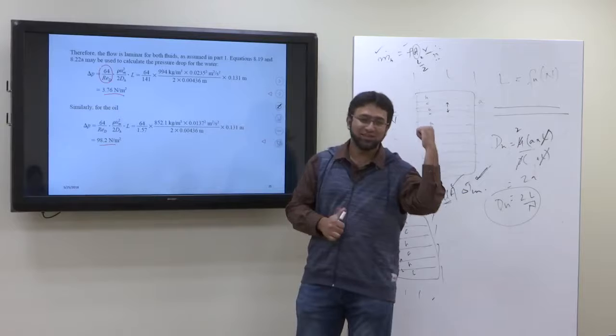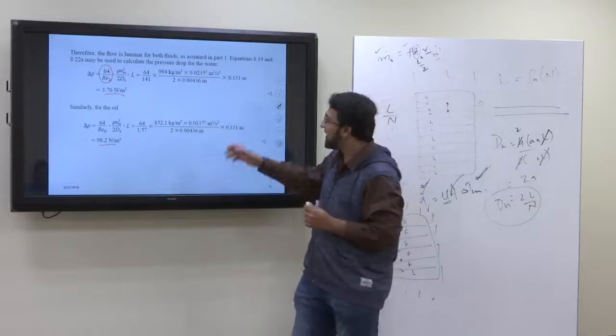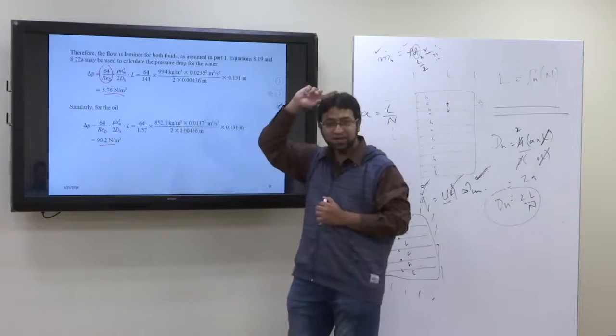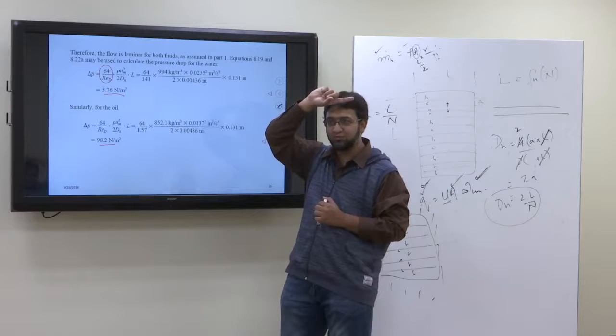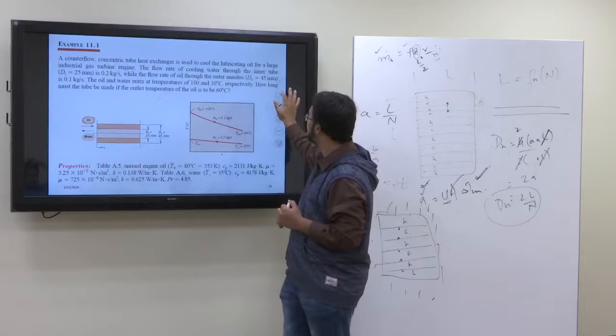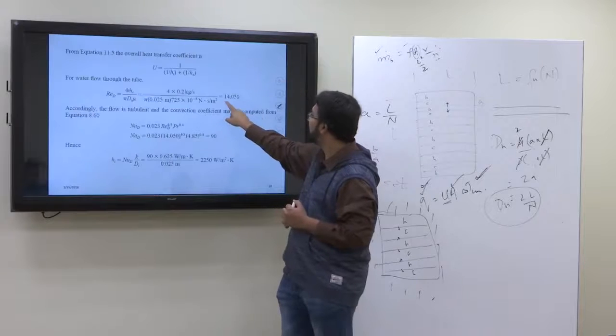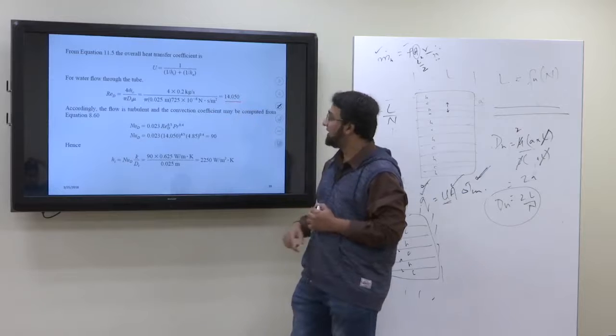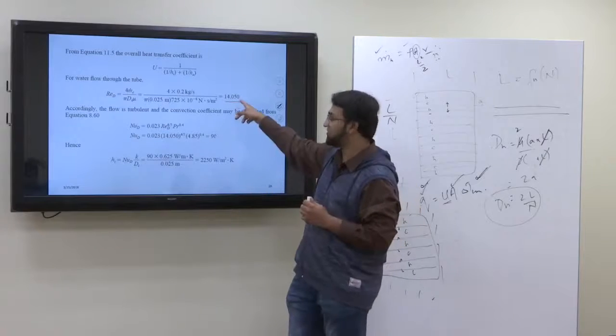But this is for this example. Now we have to do the case for example 1 as well. Again, the same formula. For example 1, we determined the Reynolds number before. That was the Reynolds number for inside flow, so this is turbulent.